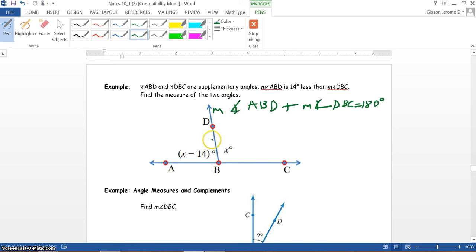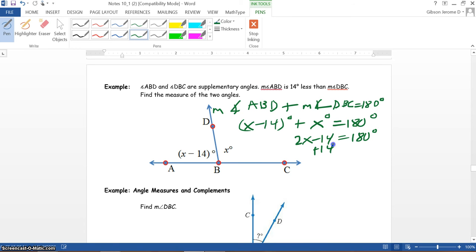So the measure of angle ABD is x minus 14 degrees. And the measure of angle DBC is x degrees. And that's supposed to still equal 180 degrees. Now we could drop this parenthesis here, and then we can combine like terms. X plus x is 2x minus 14 is equal to 180 degrees.